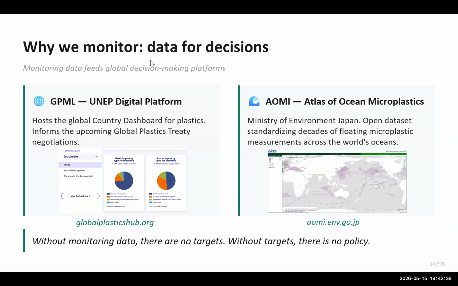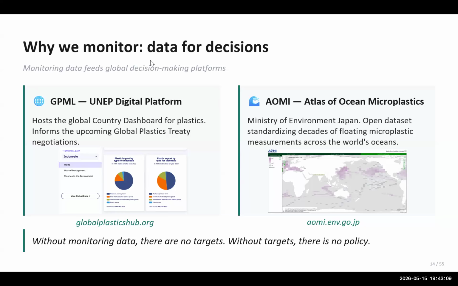A second example is AOMI, the Atlas of Ocean Microplastics. This one is developed by the Japanese Ministry of Environment and Kyushu University. Me and my colleagues from the Center for Ocean Plastic Studies support this activity. AOMI has a lot of microplastic measurements from floating microplastics in the oceans all over the world, and what they do is standardize the data so it's comparable.